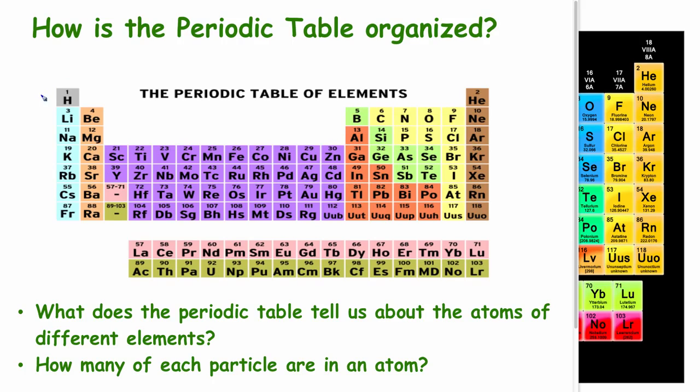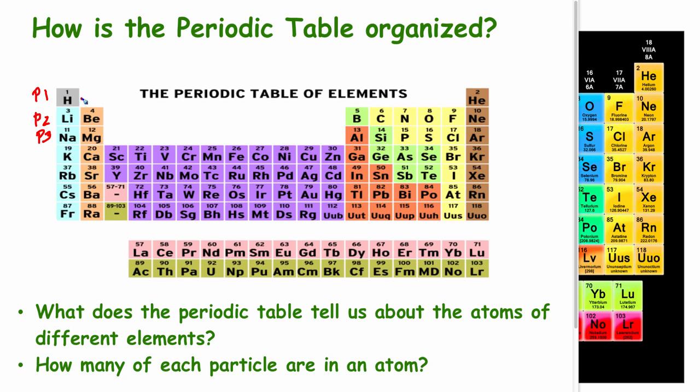So if we look at the periodic table as rows of elements, and we look at the periodic table as columns of elements, there are some unique things to understand. So first of all, we're going to just call this period 1. We're going to call this period 2, and we'll call this one period 3.